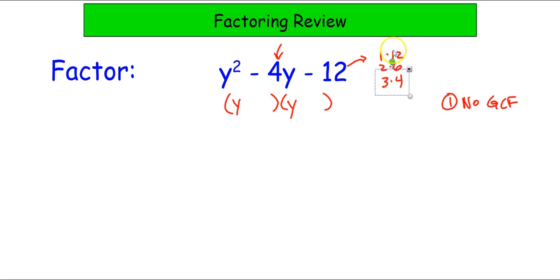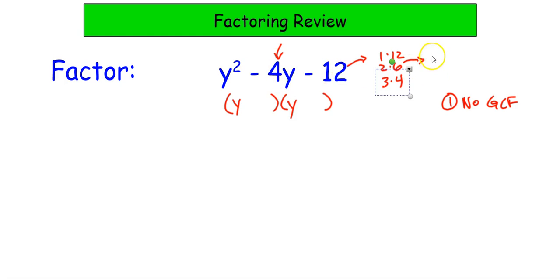So 1 and 12, no combination is going to give me a negative 4. I'll either get a positive 11, a negative 11, positive 13, or a negative 13. Now 2 and 6, let's check out 2 and 6. If I do 2 and 6, I know that I need a negative 4.